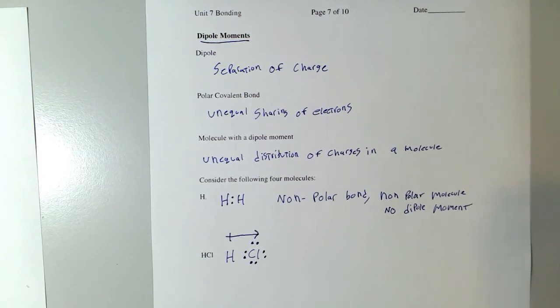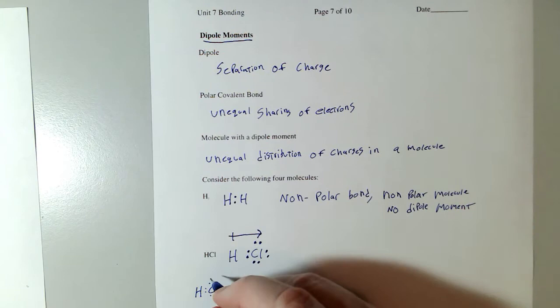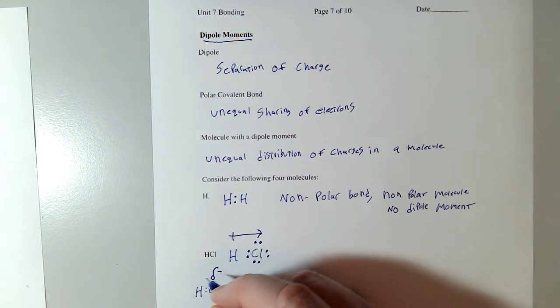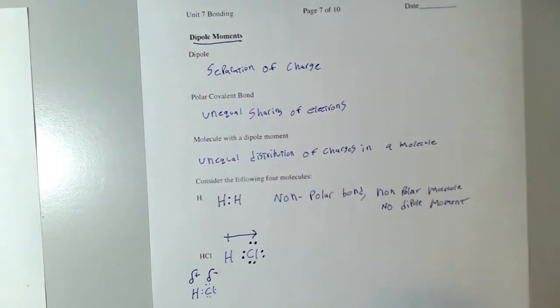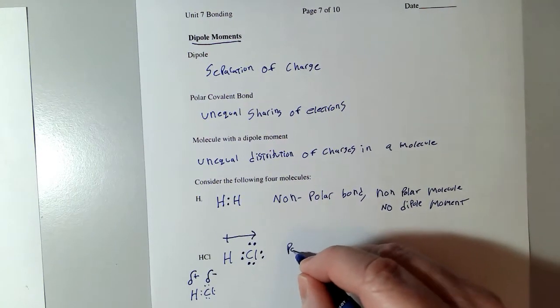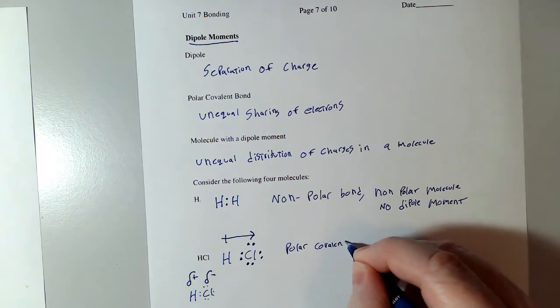Here I'll put a positive sign on the end of that vector so you can see it. Back a long time ago, and this is still common in biology books but not with chemists anymore, we put this symbol, delta negative, delta positive. Now, this is a polar covalent bond.